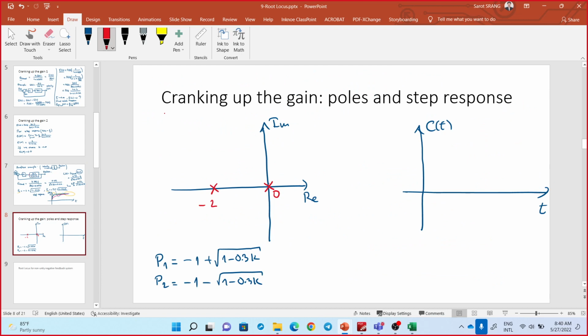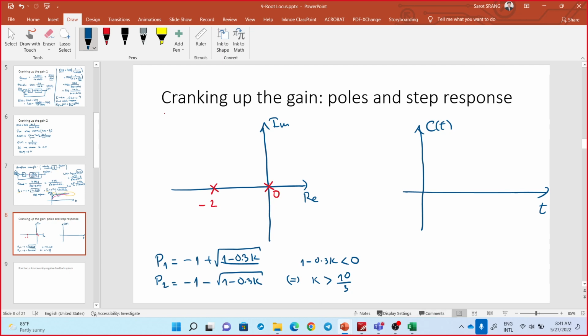Then I increase k a little bit, all the way up to a value where this equals 0. If 1 minus 0.3k is less than 0, k should be greater than 1 over 0.3, which is 10 over 3.